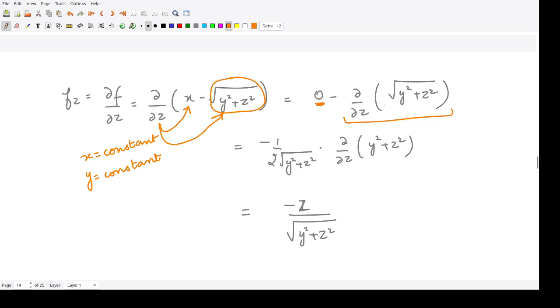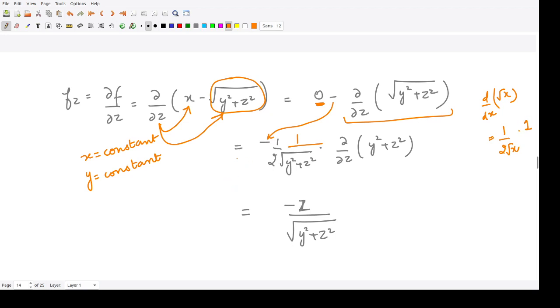For the derivative, firstly we'll take the derivative of the power, so the minus would come as such, and the derivative of the power would be 1 by 2 into 1 divided by square root of y square plus z square. That is simple, because you know the derivative of square root of x: d dx of square root of x is equal to 1 by 2 square root of x, and then the derivative of x according to the chain rule is equal to 1.